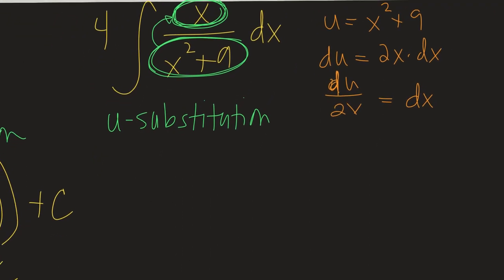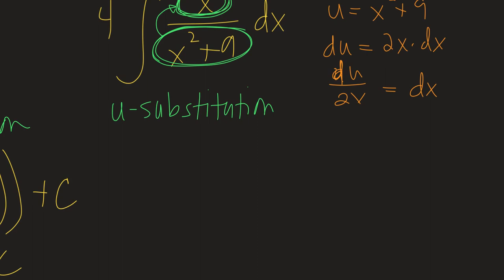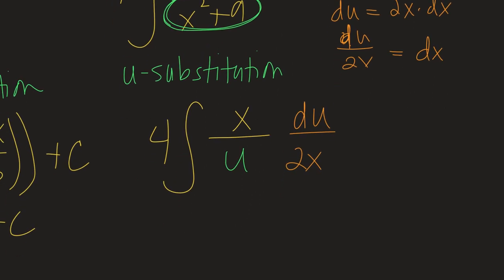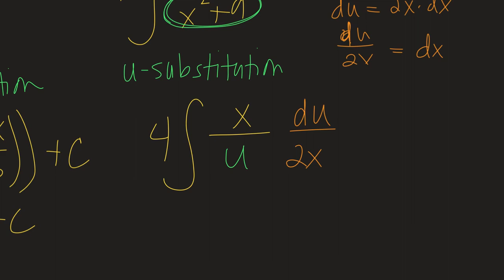So how is the top the derivative of the bottom? We have x over u, so we have u in the bottom, and then our dx is du over 2x. This is why it's the best method, because your x in the numerator cancels out with your x in the denominator.